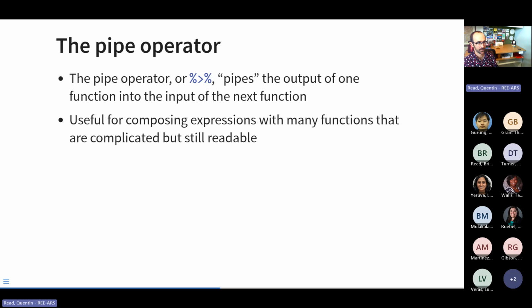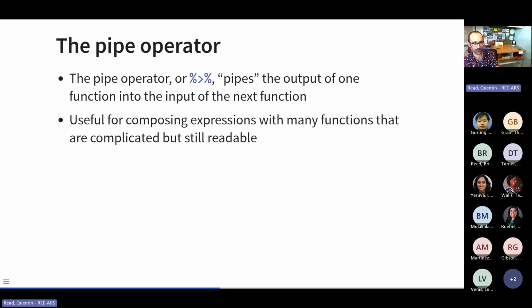The pipe operator is written as percent, greater than, percent, and what it does is it's like a pipe, taking the output of one function, piping it in as input to the next function.